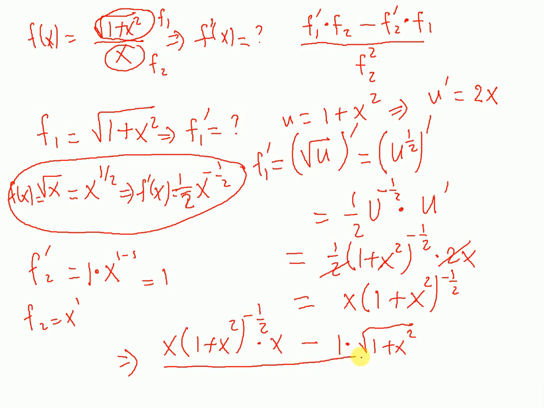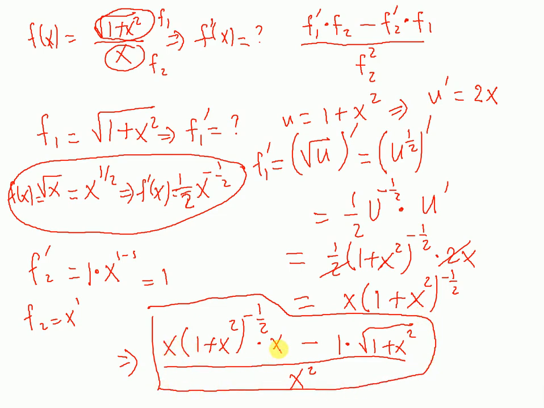The whole thing over f2, which is x, and then squared. Okay, so that would be your solution. You can combine x and x to become x squared, right? So that's x squared here, you write that, and that's what should be your answer.